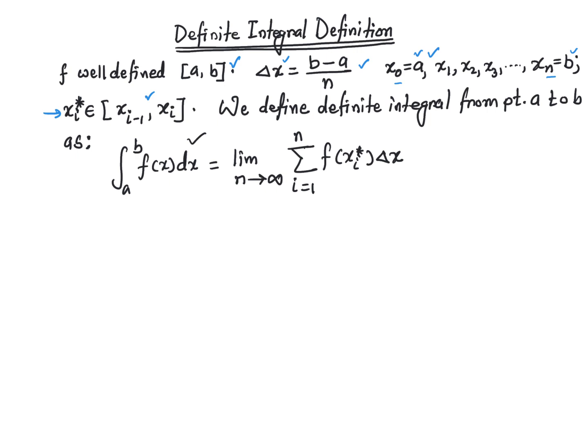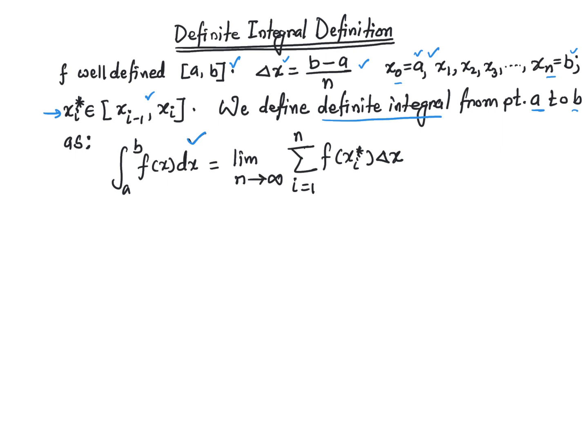You probably have seen left point, right point, or midpoint, but here we have no restrictions. x sub i star is any point. Then we define the definite integral from point a to point b as follows.